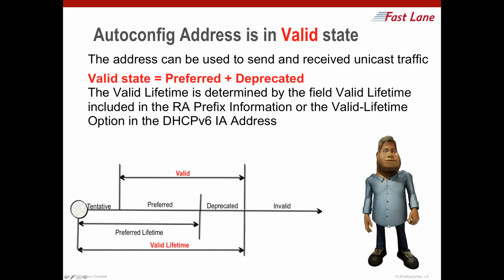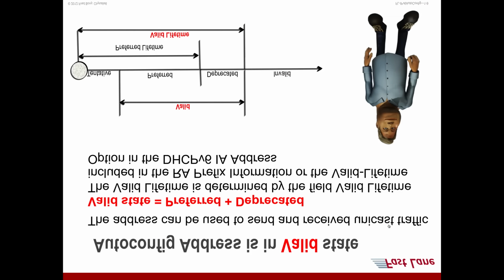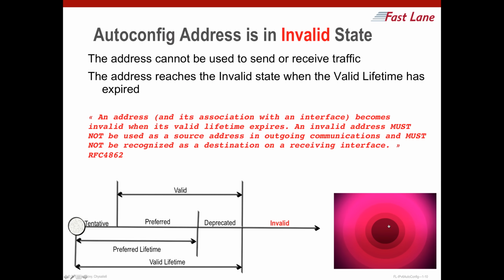The valid state is actually the sum of preferred and deprecated. This is the time where the address can be used, with a small difference between preferred and deprecated, but basically the address can be used.